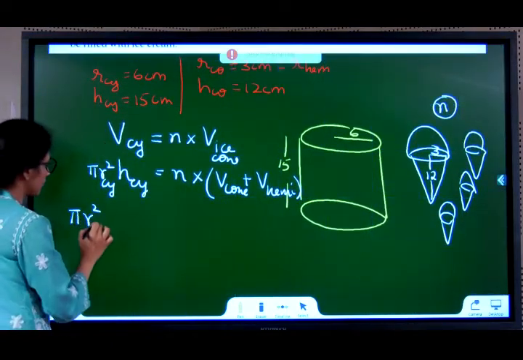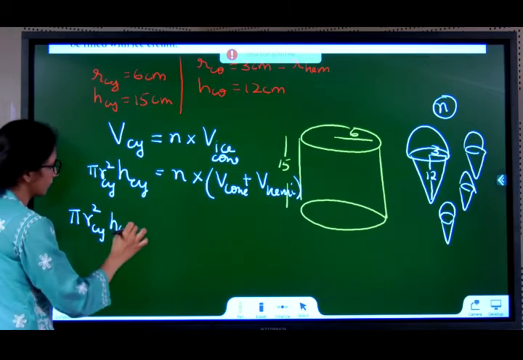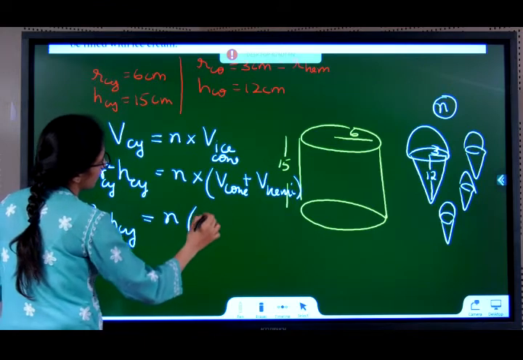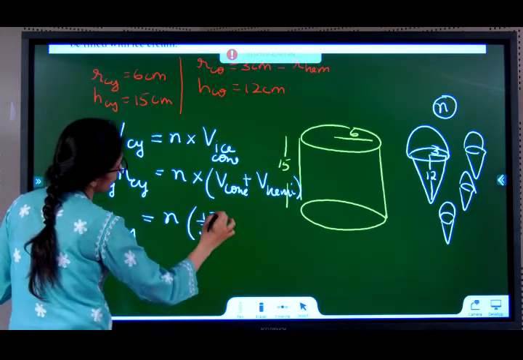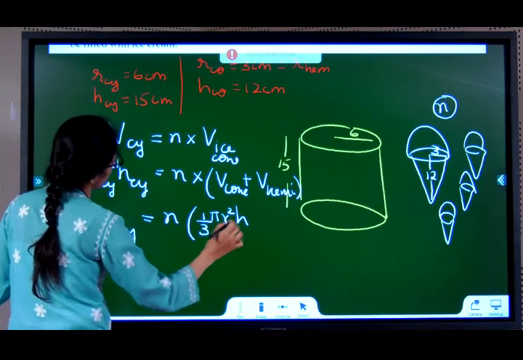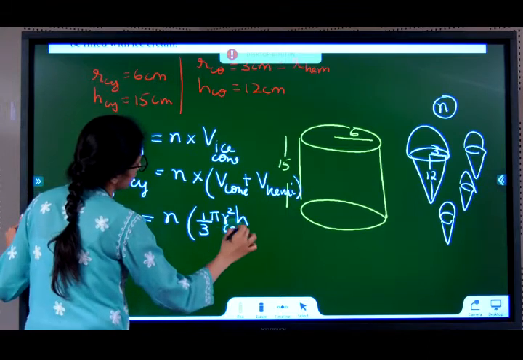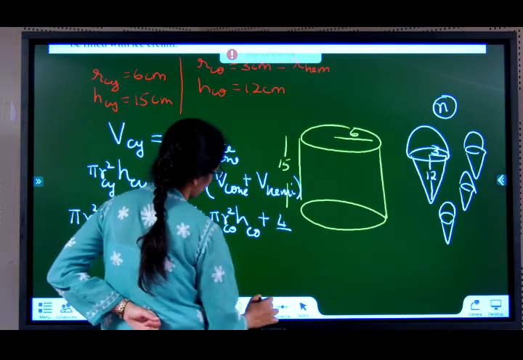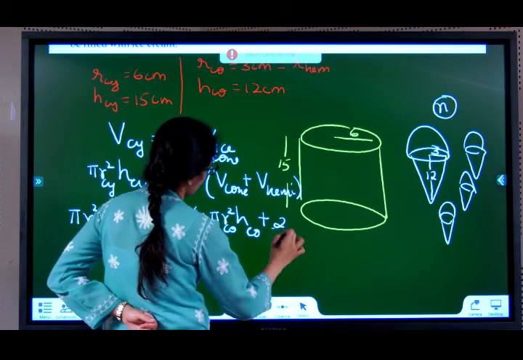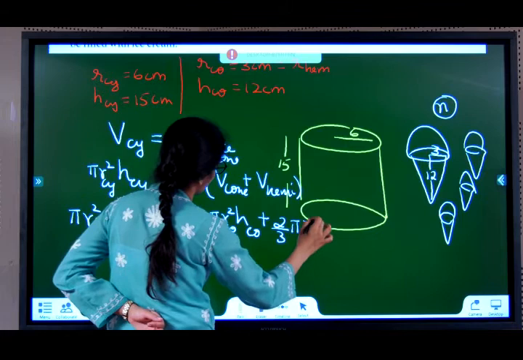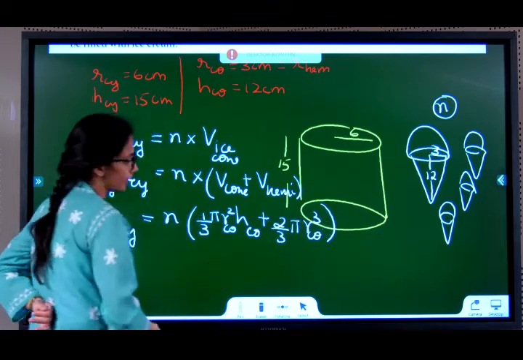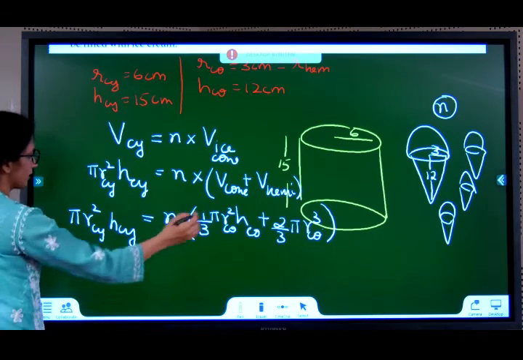Pi r square h, cylinder, is equal to n into volume of cone, 1 by 3 pi r square h, this is cone's height, plus hemisphere's 2 by 3 pi r cube. r is the same for cone and hemisphere, so I write cone. You can take pi common there.